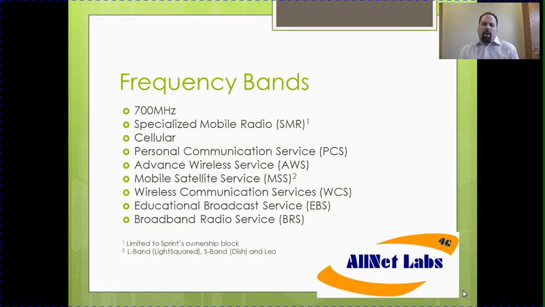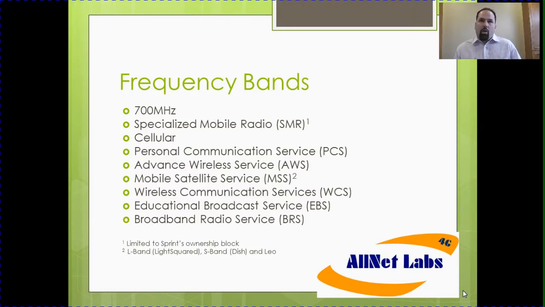The LightSquared spectrum and the LEO spectrum are both license level, so you see the total spectrum in terms of megahertz that those carriers have. It's not optimized to understand how they would use that spectrum for 4G. LightSquared has a requirement to continue to maintain some satellite presence, so the spectrum count that you see still has to have some dedicated to providing the traditional satellite services.